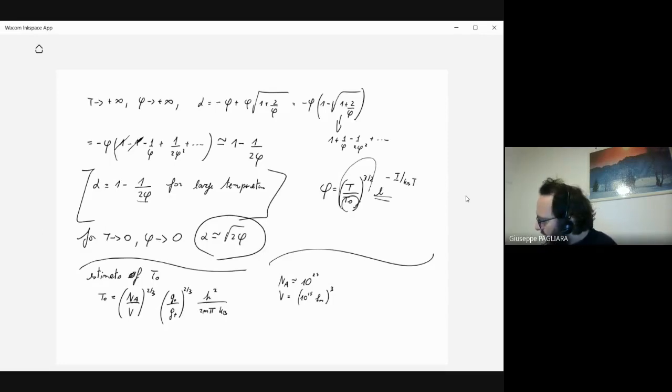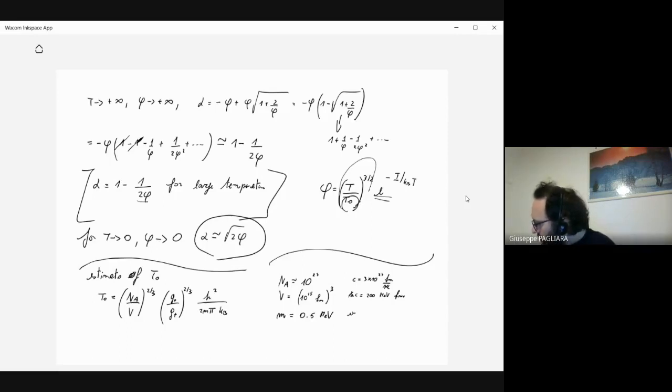Then we have the speed of light, c, that will be introduced for reasons that will be clear in a moment. And this is 3 times 10 to the 23 Fermi per second. Then remember that we have h bar c, which is equal to 200 MeV times Fermi. Then we have the mass of the electron, which is equal to 0.5 MeV. That's why I like to work in natural units, because I remember the mass of particles in MeV.